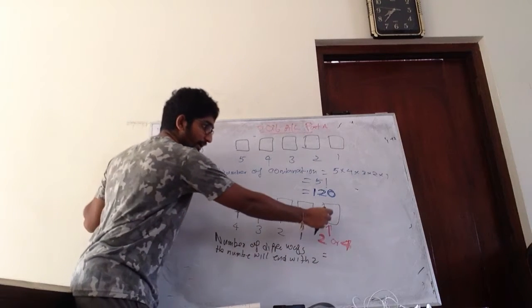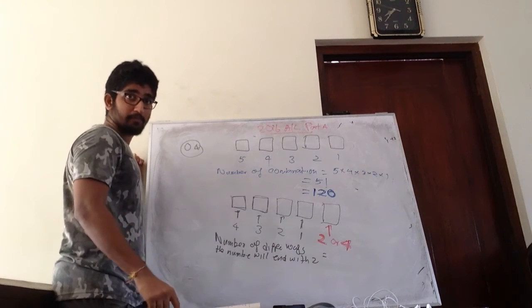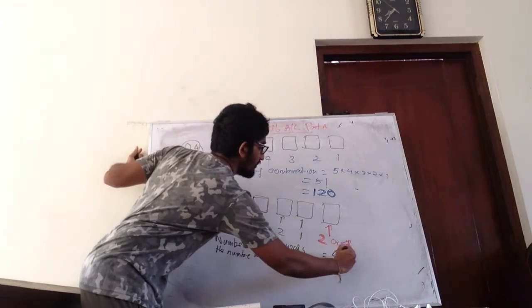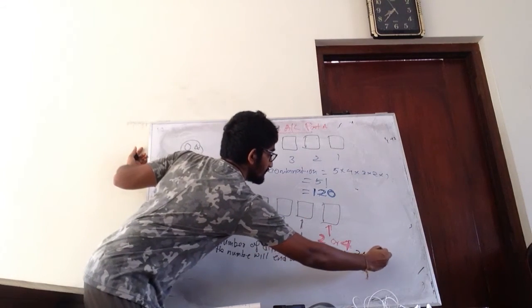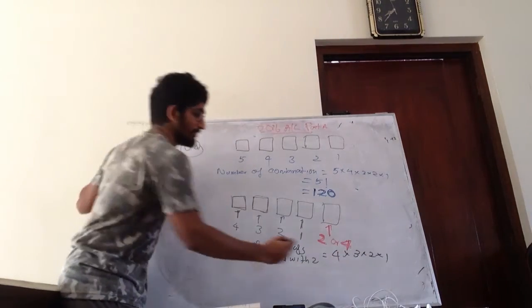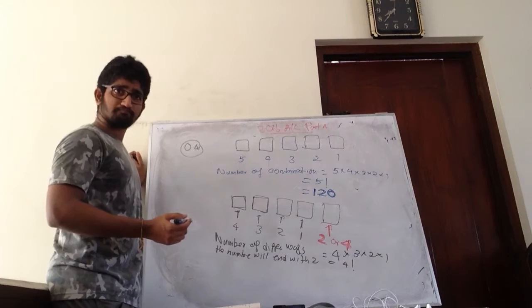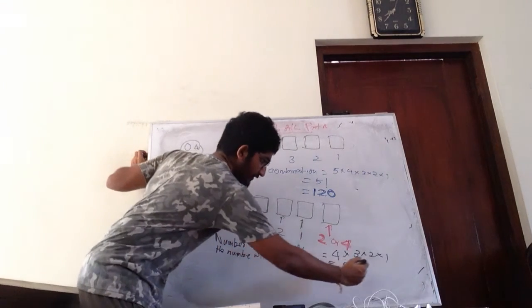Remember that I have chosen 2 here. So then there will be 4 times 3 times 2 times 1 number of ways, or basically factorial 4. That is 24.